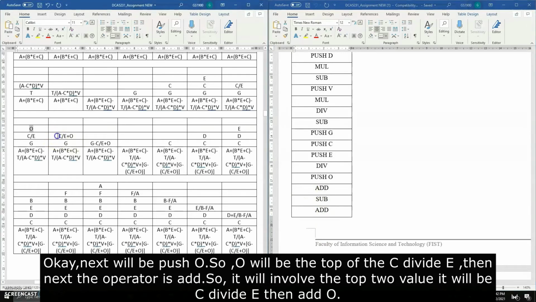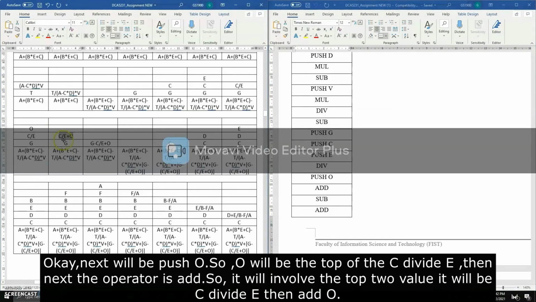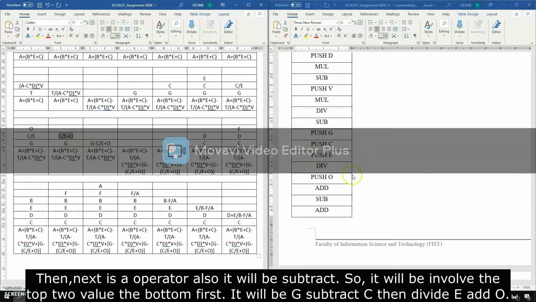So it will involve the top two values. It will be C divide E, then add O.